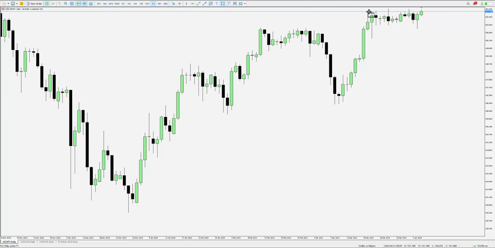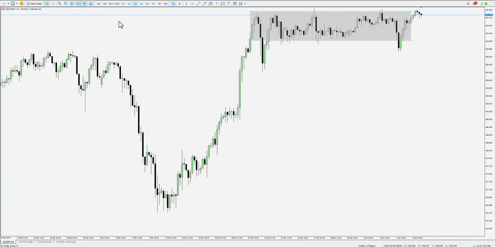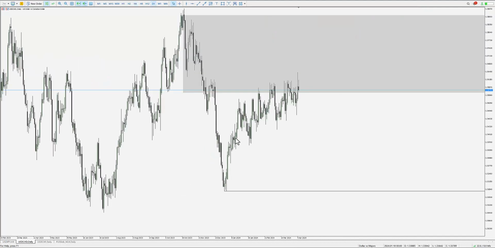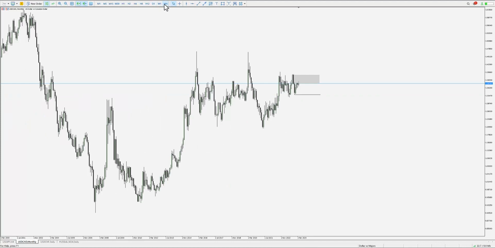The only problem with UJ is that Bank of Japan can intervene anytime, and that's the only downside that I have with UJ. Those interventions can happen anytime, especially when we are asleep. You can see that whole consolidation, and I'm pretty sure CPI is going to bring a huge expansion on USD JPY.